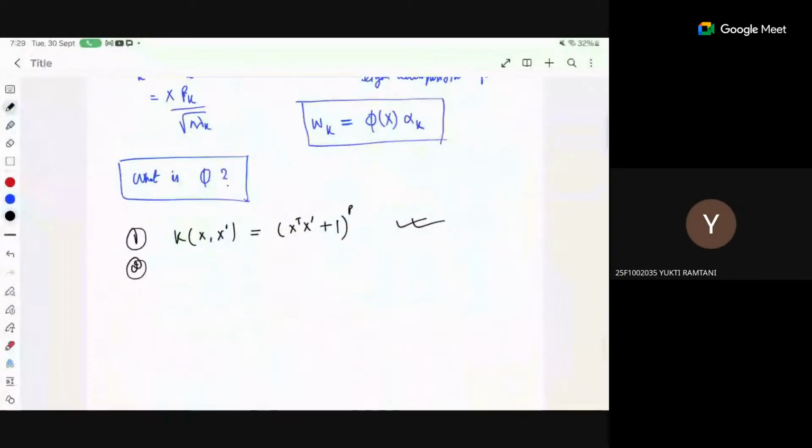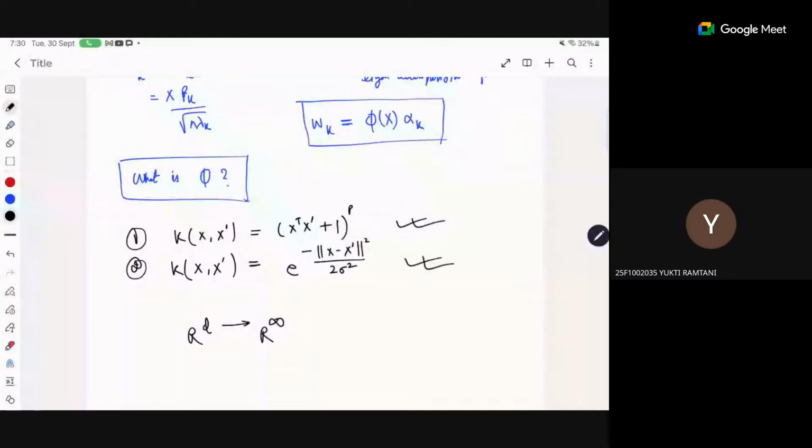The other very important kernel function is what we call the radial basis function. This is when you are moving your data set from d dimension to infinite dimension. For that there is another kernel function, defined as k of x comma x dash equal to e to the power minus norm of x minus x dash squared by 2 sigma squared.